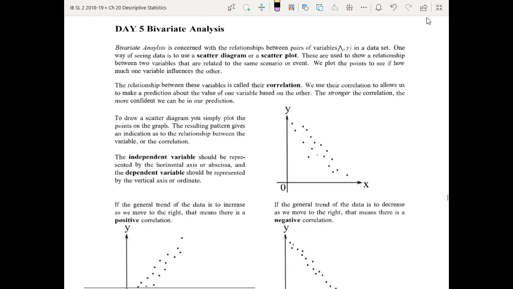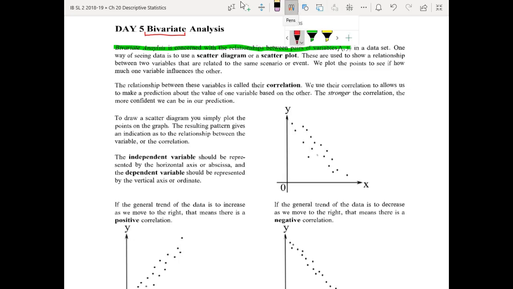All right, so bivariate analysis, guys, just means you're comparing two variables. Bivariate analysis is concerned with the relationship between pairs of variables, and that should be X and Y. The way that we display those is known as a scatter plot.